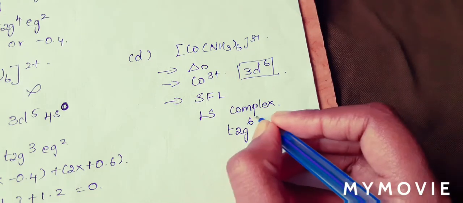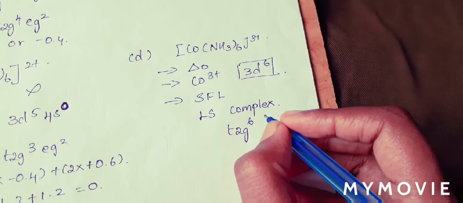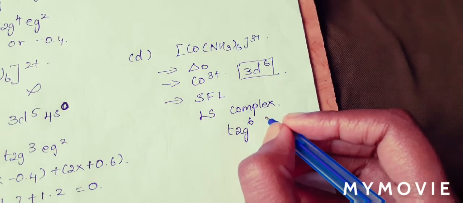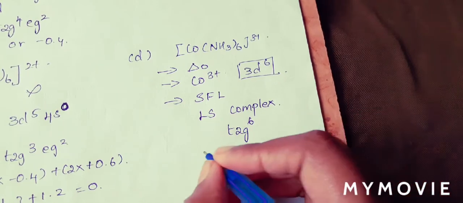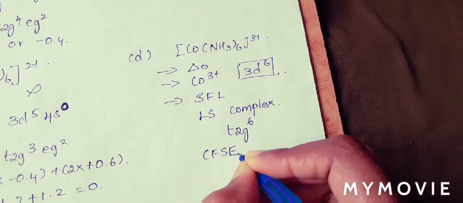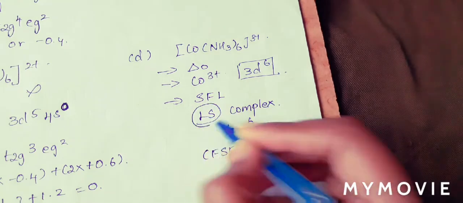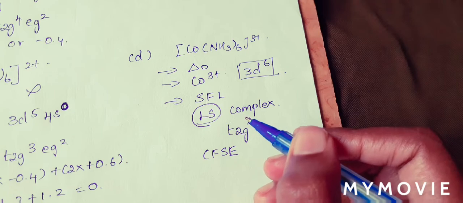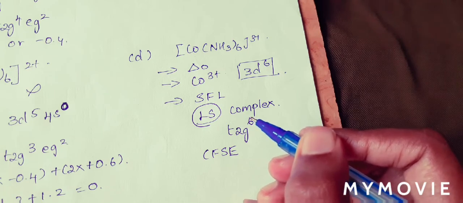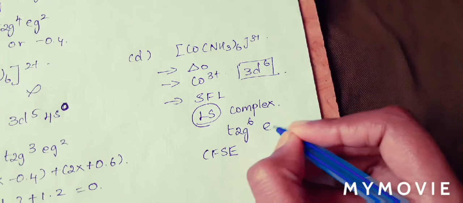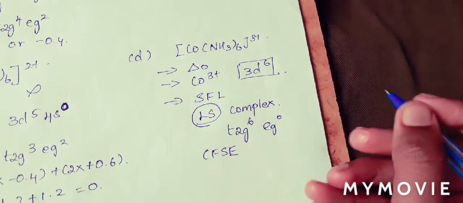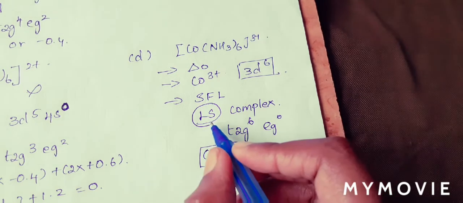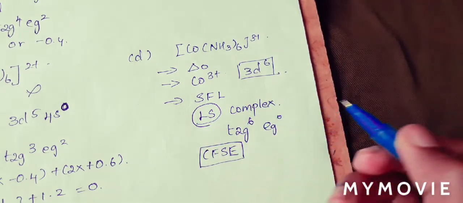That is, all the 6 electrons will remain in the low energy orbital, making it very stable, and the splitting energy will be higher, or CFSE will be very high for a low spin complex, because all the electrons are in the lower energy orbital. They don't go up to the eg orbital, which is at higher energy. So eg will be 0. So the splitting will be really high. So the CFSE value of a low spin complex when compared to a high spin complex will be high.